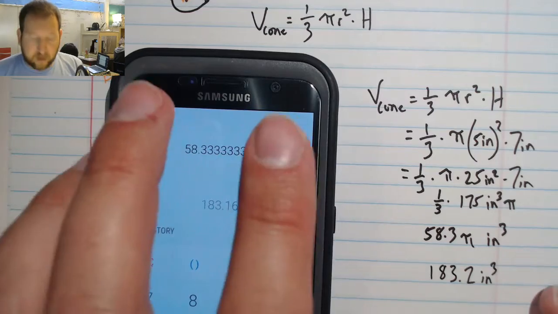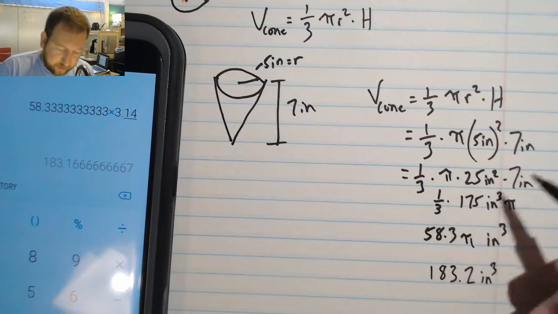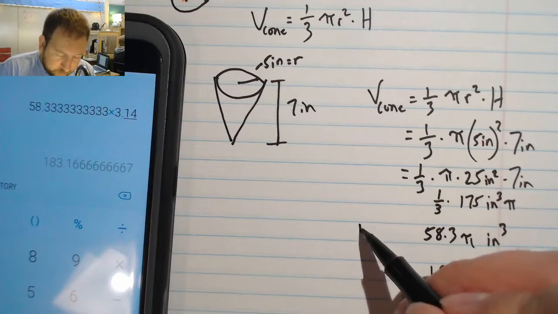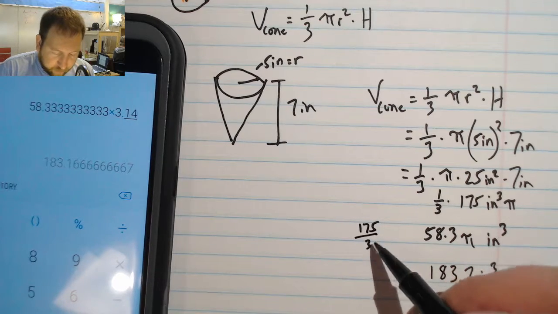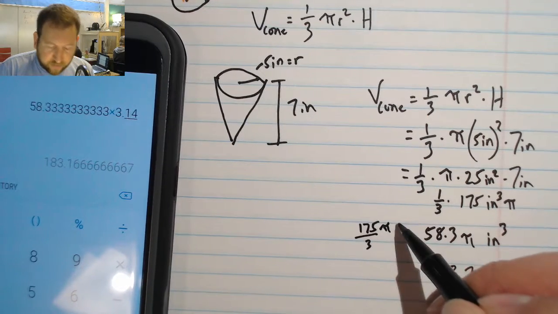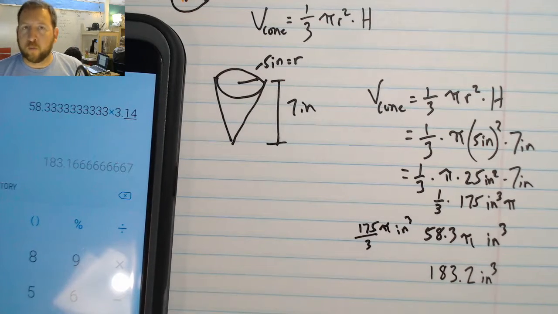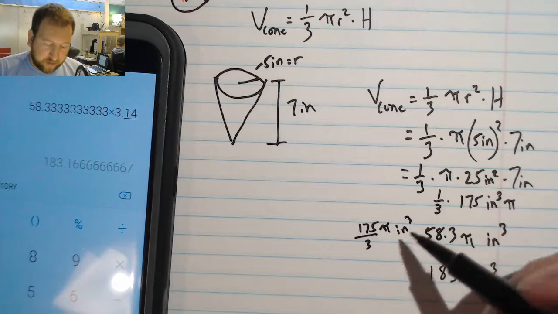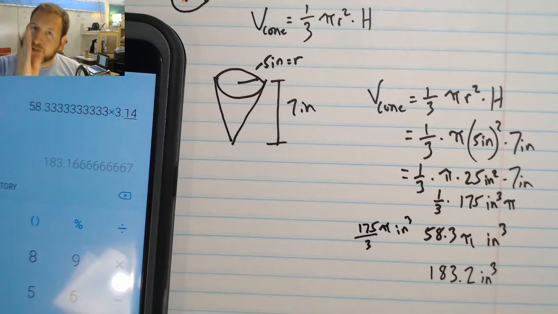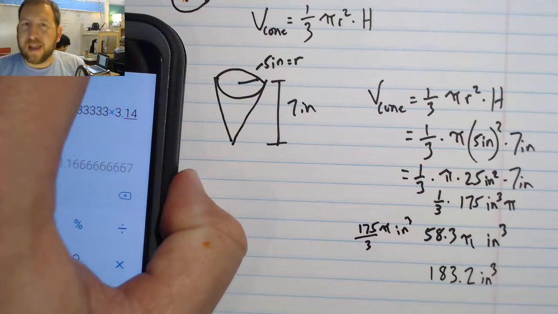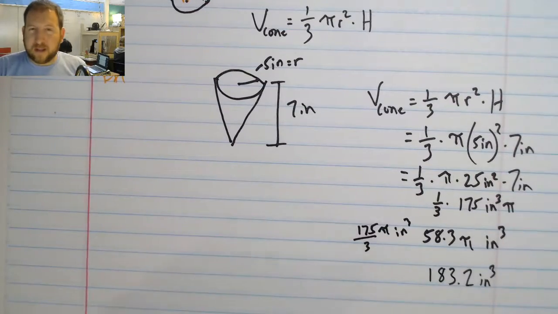Or I could even write this simpler at the beginning, and I could write this as 175 pi over 3 inches cubed. Any of these would work because they're all technically the same number. If I put all these on the number line, they would be exactly in the same spot. Well, ish, because we did do some rounding, but the idea still holds.